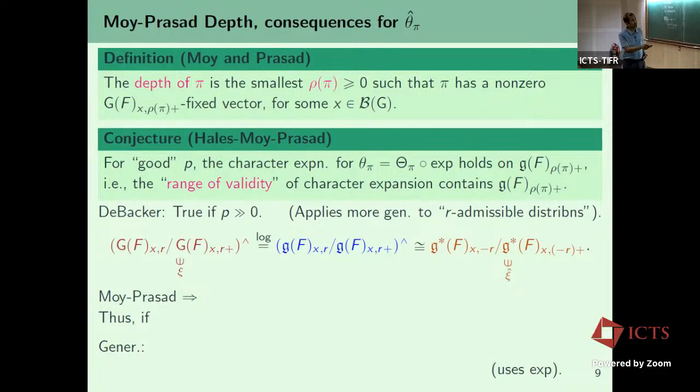How do you study the Pontryagin dual of this group? Remember that we used an additive character psi to identify the Pontryagin dual of the Lie algebra with the dual Lie algebra. If you choose that psi well enough, then the Pontryagin dual of this quotient can be identified with a corresponding quotient of the dual Lie algebra, where this r plus becomes minus r over here, and this r becomes minus r plus over there.